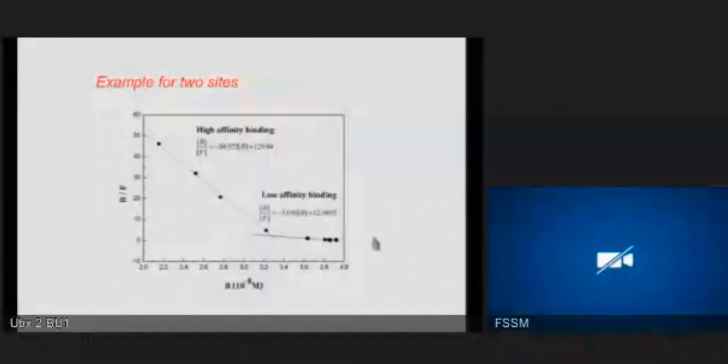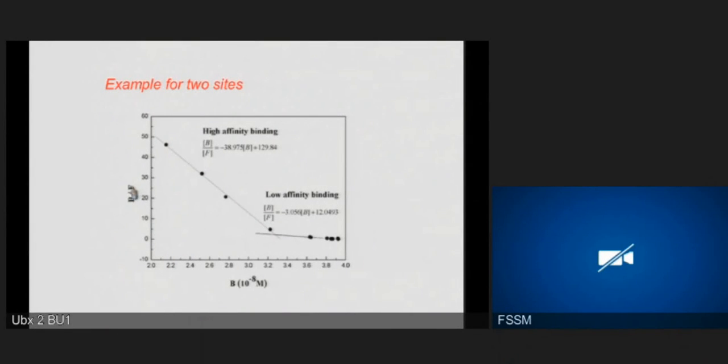For instance, here you plot the different values of B over F according to B. Then you have a dot here, a dot here, a dot, a dot, a dot, and it is clear that it does not correspond to a straight line, which may suggest that the more you increase the concentration, the more you recruit another site with a lower binding affinity.